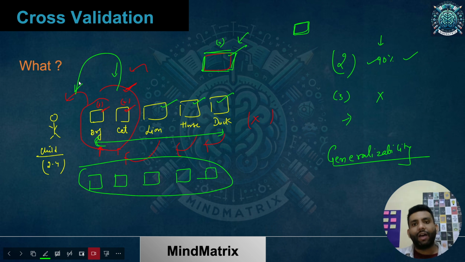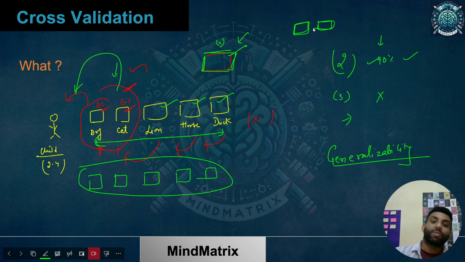I should have some partition of my data points, so that I show these kind of pictures, and then we check on some other set of pictures. If I show the same pictures again and again, the probability is the kid will also be able to identify that this is duck, this is cat, this is lion. I hope the example is clear over here.